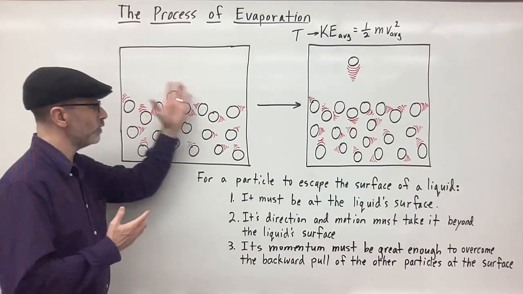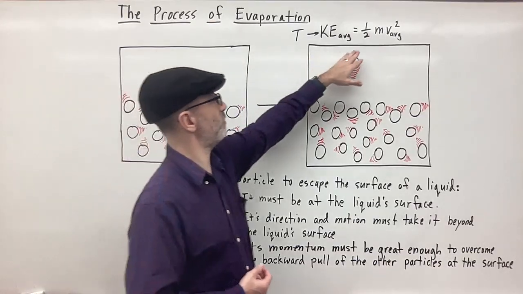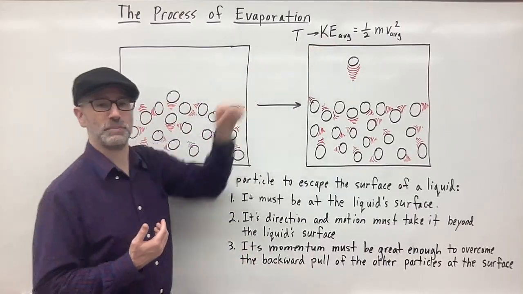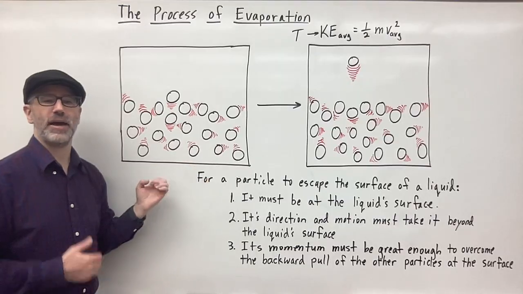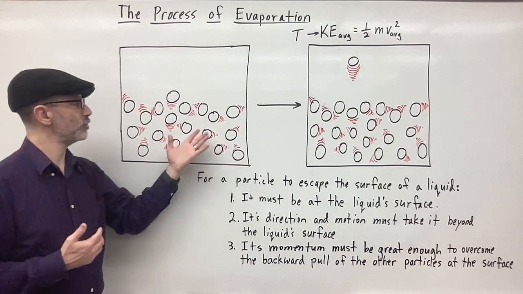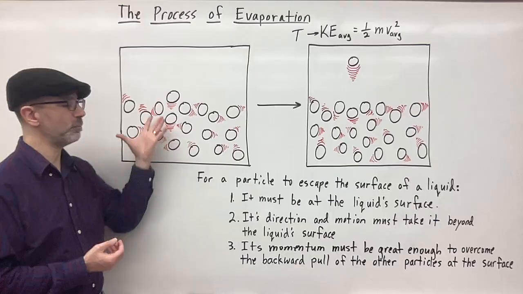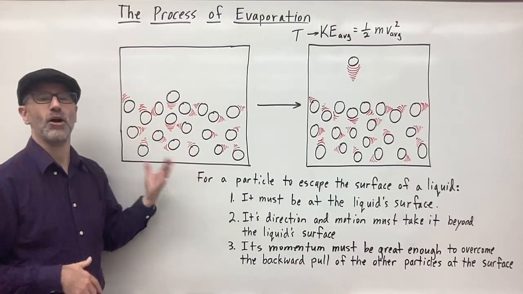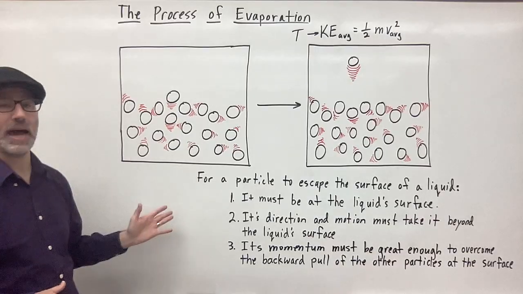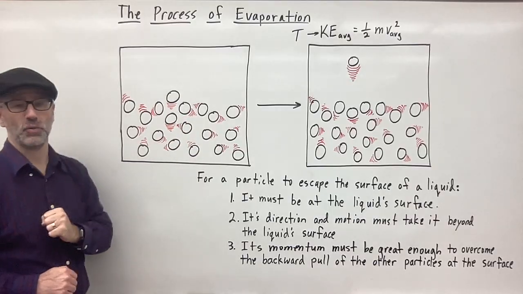So if the liquid is losing faster particles, and the speed of the particles is related to kinetic energy, which is what temperature is measuring, then over time as the liquid evaporates, more and more of the fast particles are going to be removed from the liquid, and therefore the average speed of the particles left over is going to be less, which means that the average kinetic energy is going to be less, and that means the temperature is going to be less. So that's going to cause a cooling of the liquid.